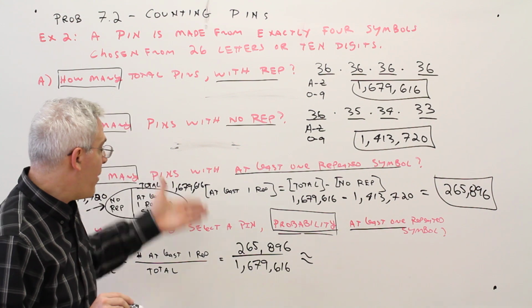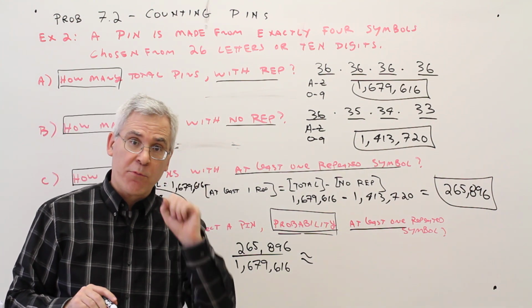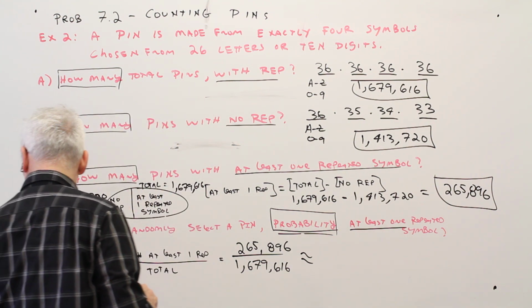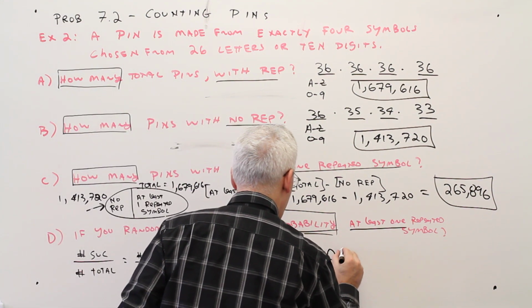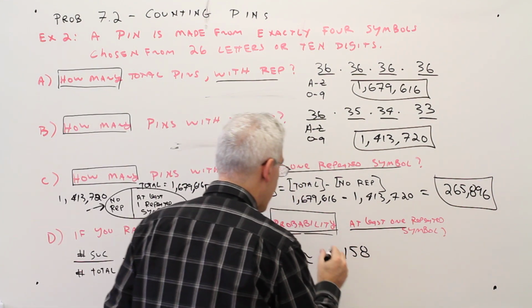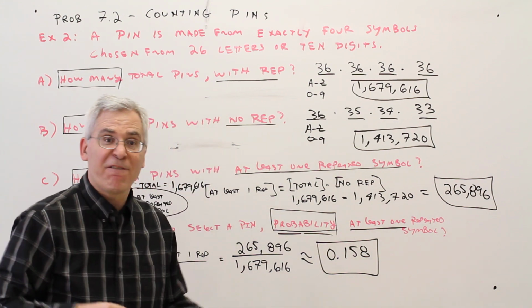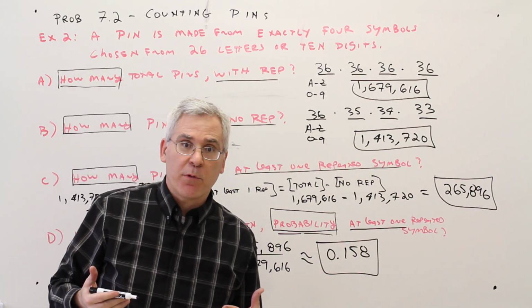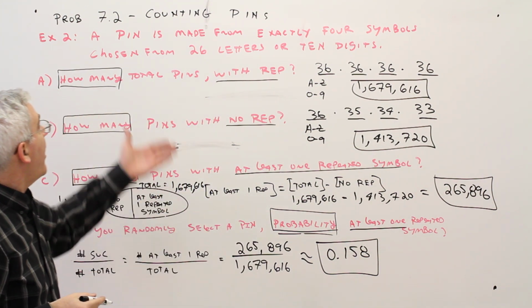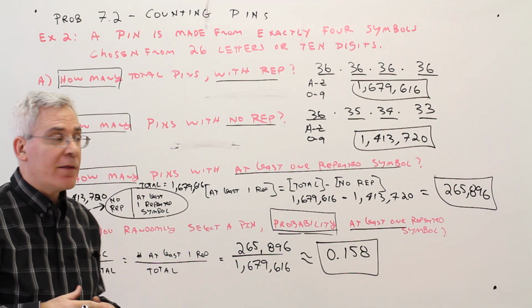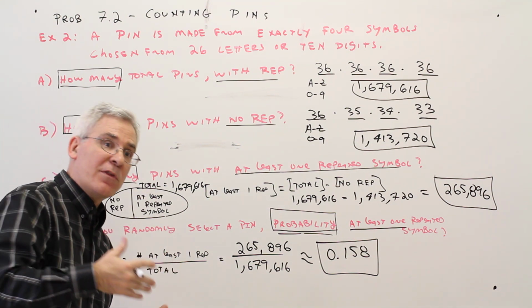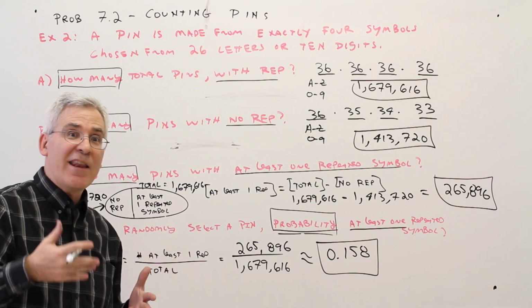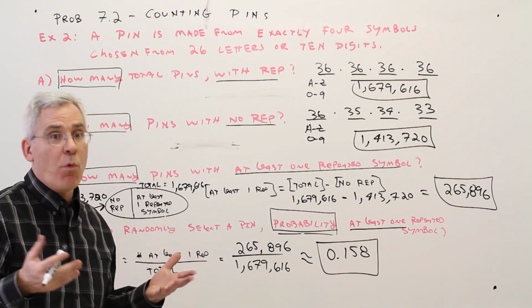And for problems like this, let's agree to just go to 3 decimal places. So that would be 0.158. So 15.8% approximately. So there you have it. How to deal with problems involving repetition, no repetition, leading to probability of at least one repetition.